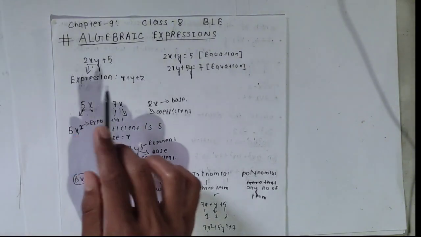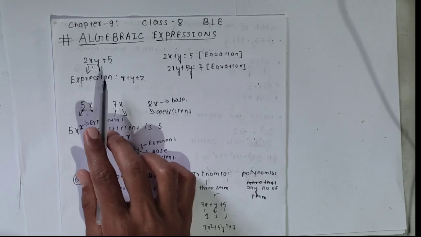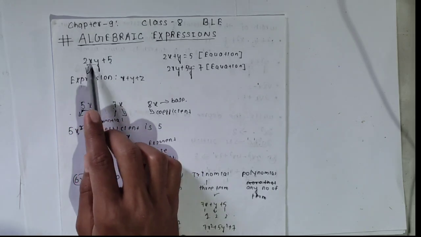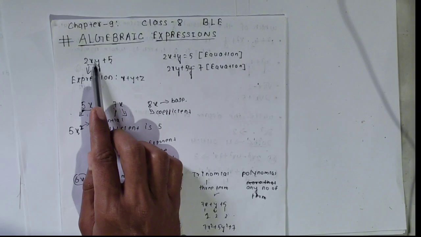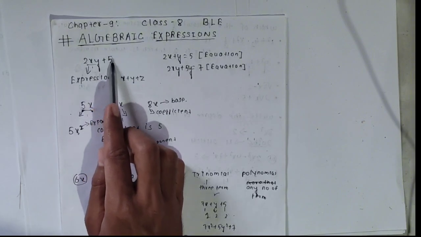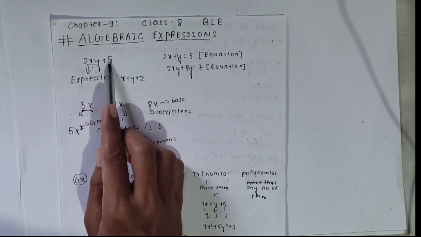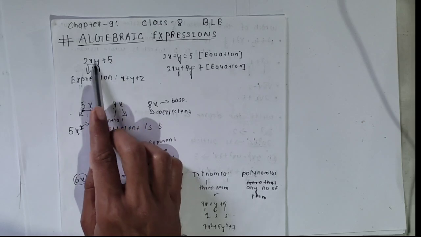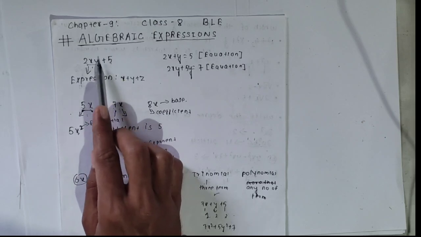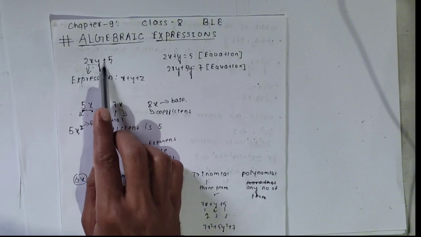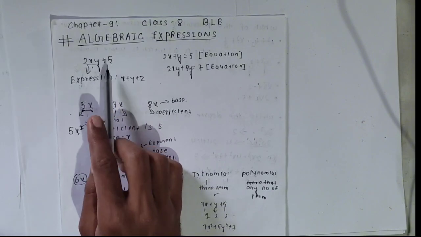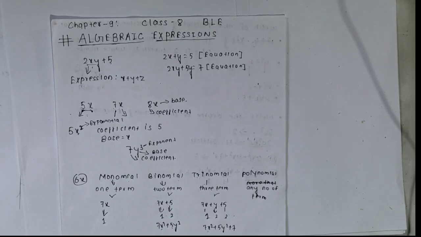It is a combination of numbers, variables like letters x, y, and operations like addition, subtraction, multiplication and division.